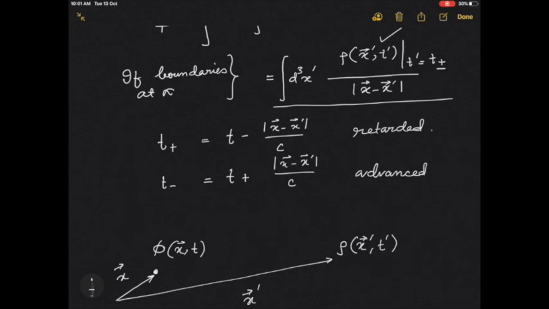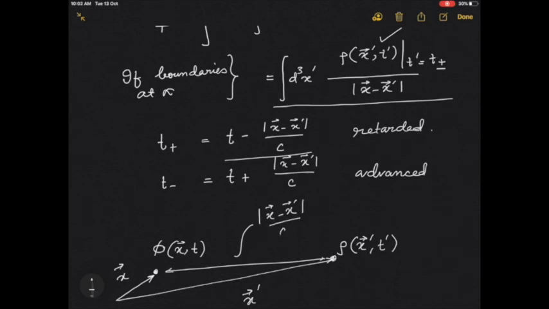What this is telling you is, you see, this is the exact same looking case for the electrostatic solution. But there is the fact that this rho has to be calculated at an earlier time. What does it mean? Well, if we calculate the distance between this point to this point, this distance is mod of x minus x prime.